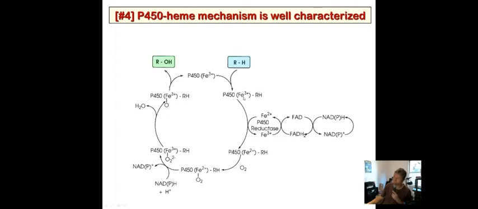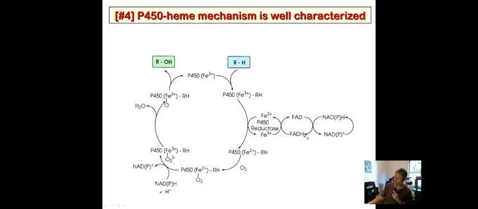Okay, and so coming into this mechanism, NADPH and NADH, which are biological reducing agents, will turn over and convert FAD in its oxidized form to its reduced form. So NADH and NADPH are going to act as a reducing agent here, and that's going to reduce FAD to FADH2.